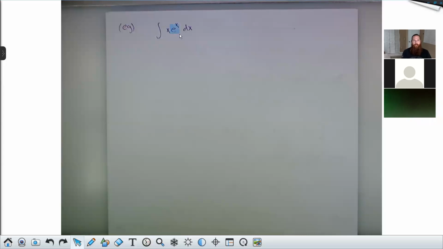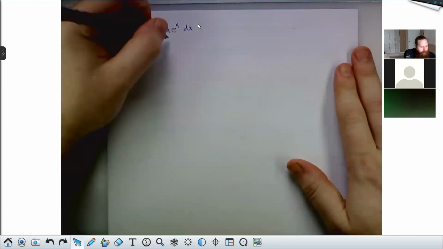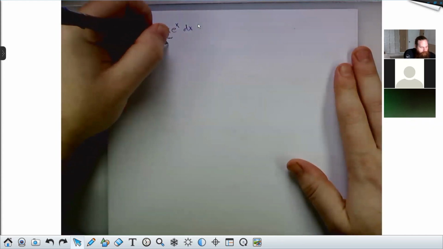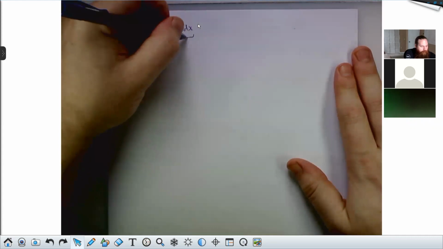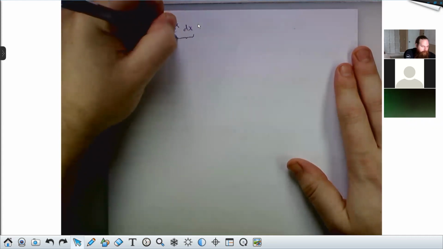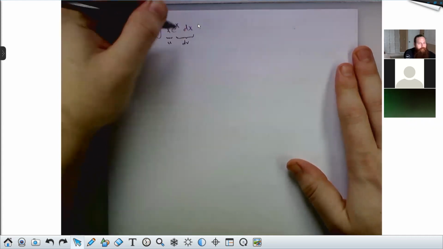X times e to the x dx. We want to integrate. In order to apply the integration by parts formula, I have to label part of this as u and part of this as dv. So I'm going to think of the x piece here as u, and I'm going to think of everything else, e to the x dx, as dv.